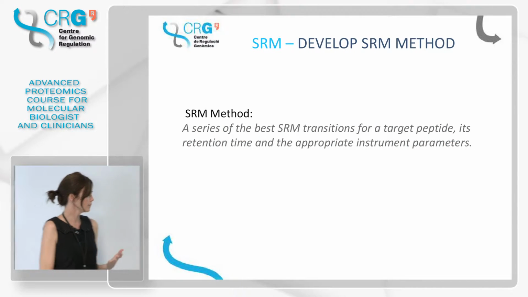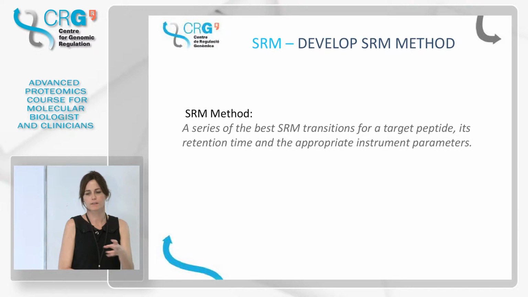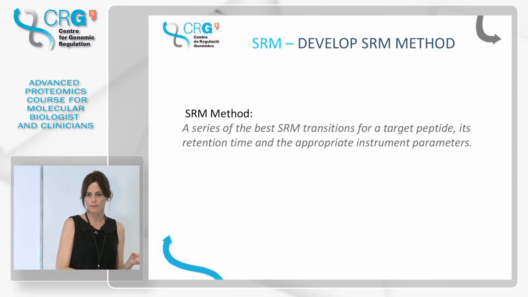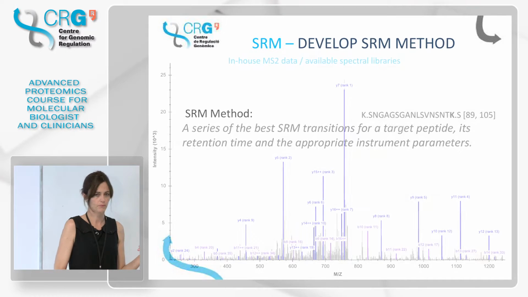Okay, so an SRM method is the series of the best SRM transitions for a target peptide with its retention time and the appropriate instrument parameters that we are going to look at now.